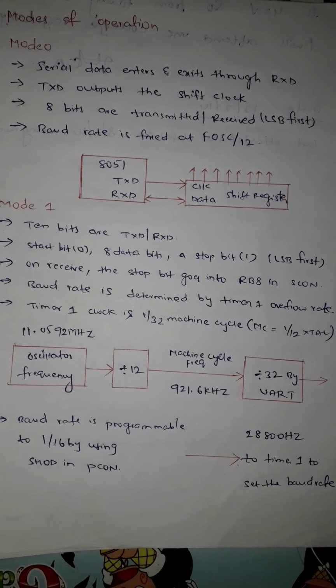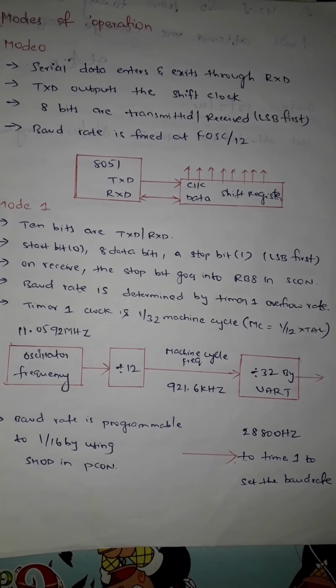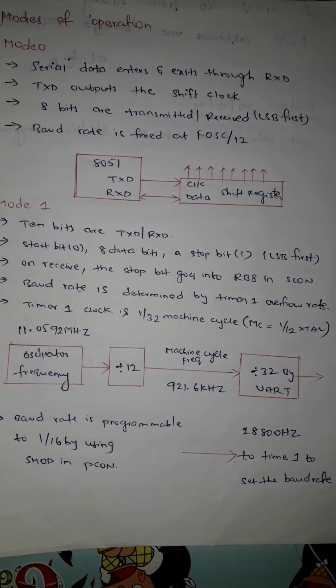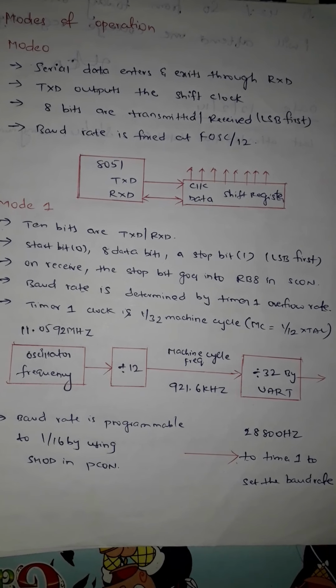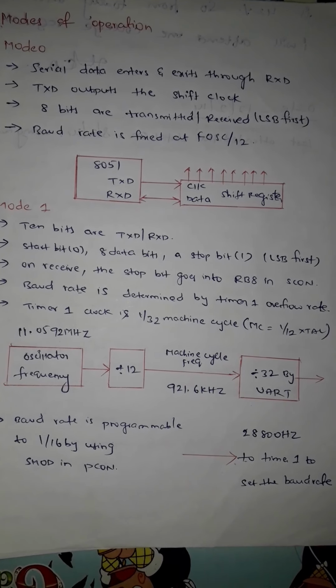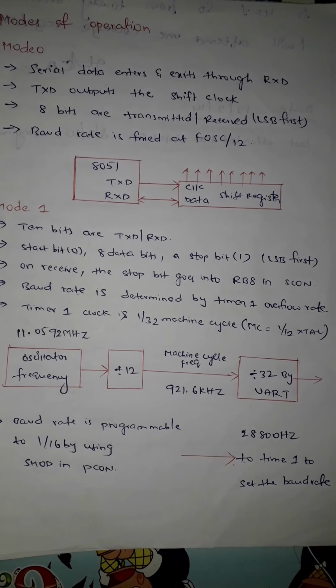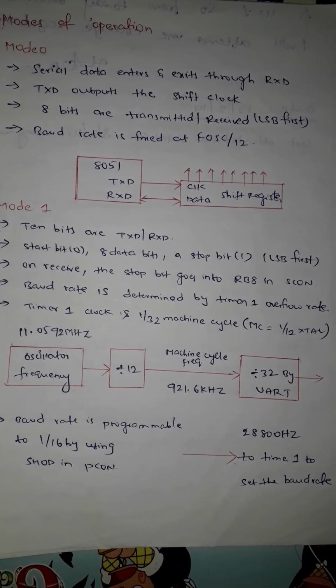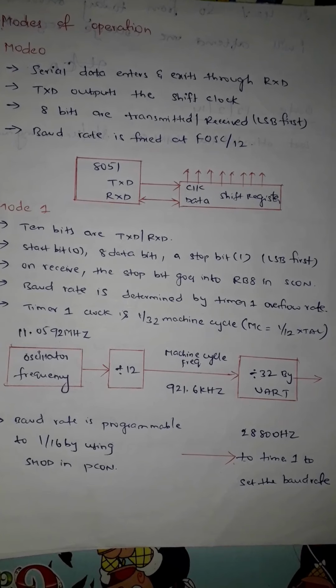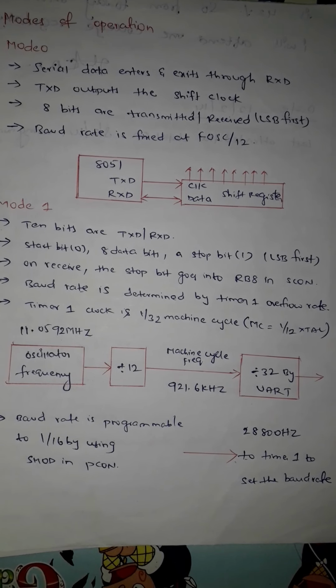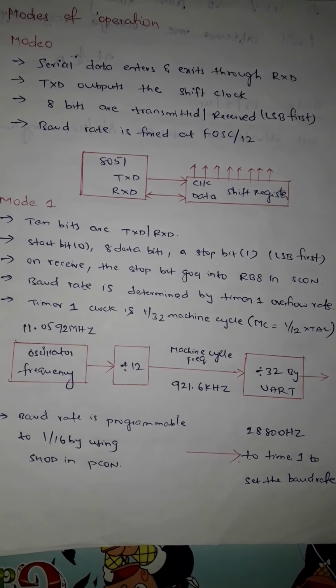In modes 1 and 3 the baud rate is variable, whereas in modes 0 and 2 the baud rate is fixed. For a variable baud rate we should load proper values into the timer. By loading different values into the timer register, we can select different baud rates for the serial port communication.